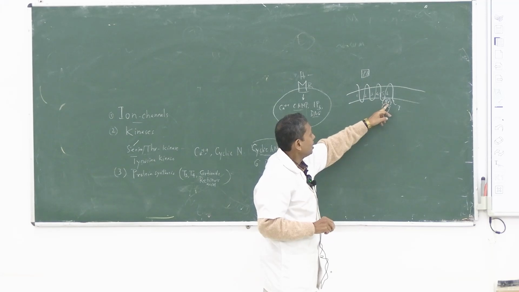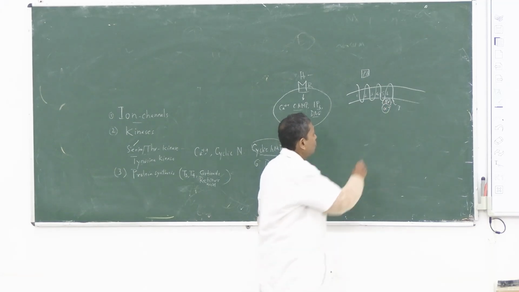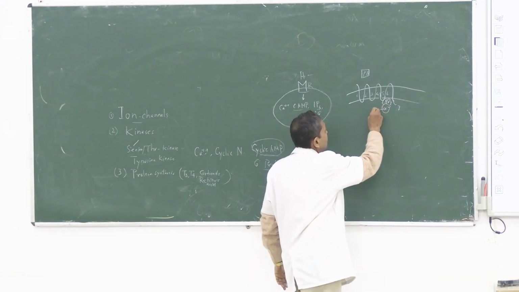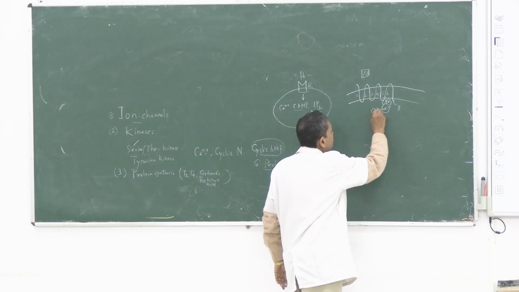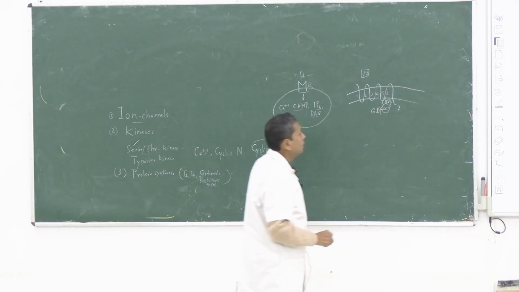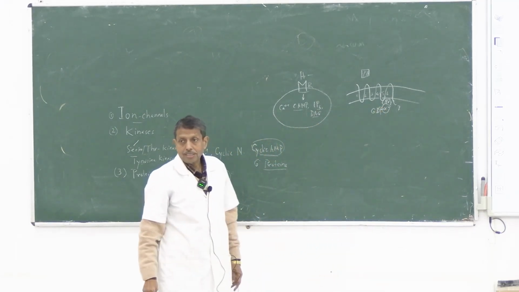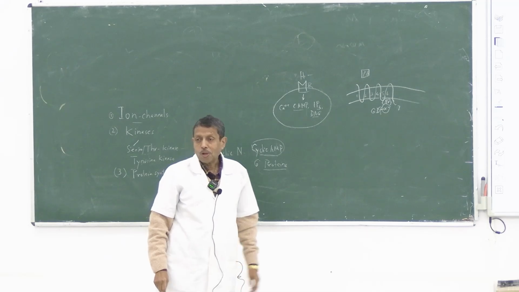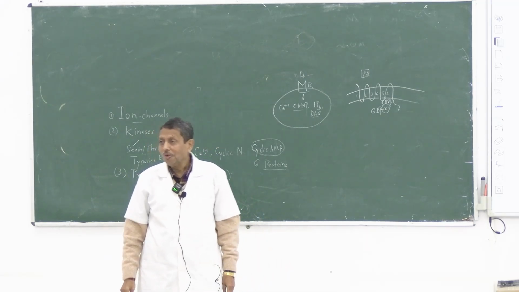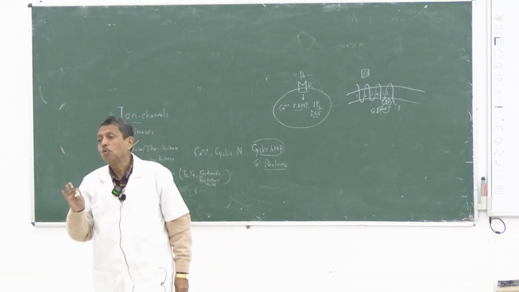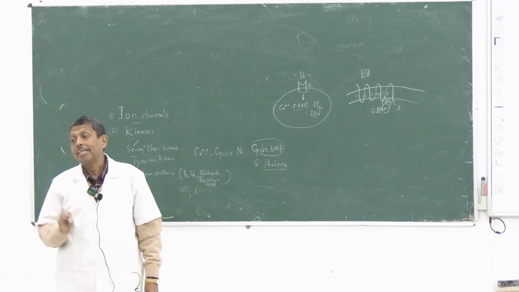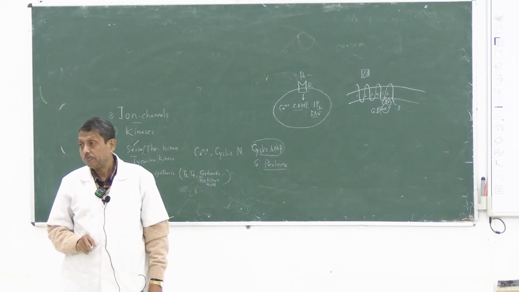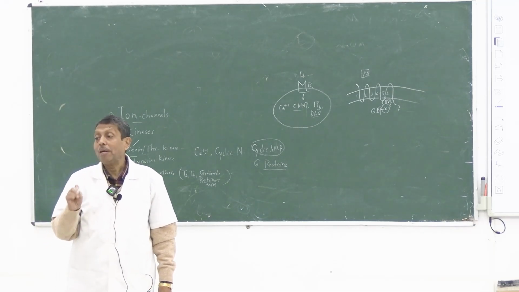Alpha, beta, gamma form a heterotrimeric protein, and alpha is connected with GDP in the resting condition, when there is no hormone. This is the GTP binding protein.